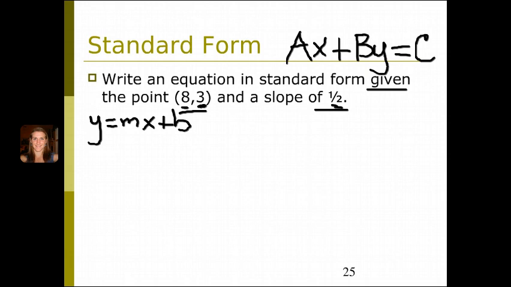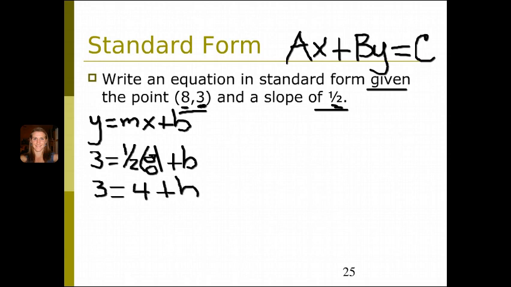So we're going to plug those three parts into y equals mx plus b so that we can figure out our y-intercept. So the y value is 3 equals 1/2 times 8 plus b. Well, half times 8 is 4, so we get 3 equals 4 plus b. We subtract 4 from both sides, and we learn that -1 equals b.